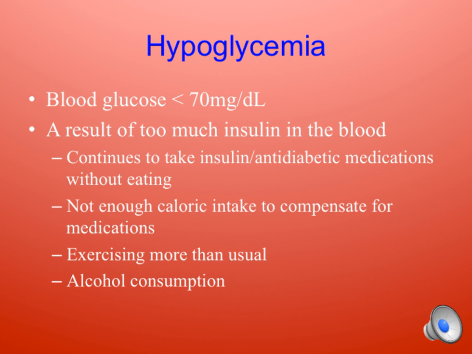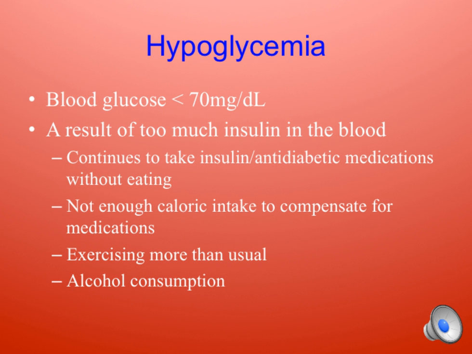In hypoglycemia, there is too much insulin in the bloodstream relative to the amount of blood sugar. Therefore, blood sugar falls below 70. Blood glucose, again, is going to be less than 70, as a result of too much insulin in the blood.